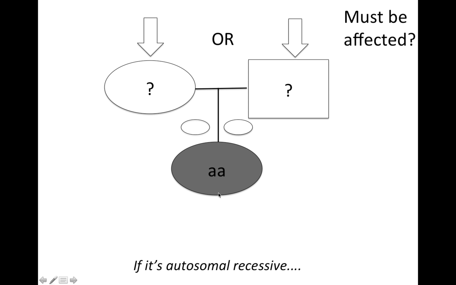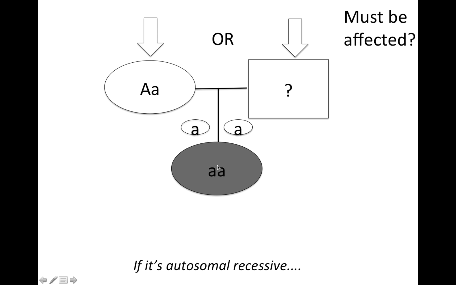So what we know about this individual, if they have an autosomal recessive trait, is that they must be little a, little a. And what that means is that this individual inherited a little a allele in the egg, and so their parent must have at least one little a allele and something else. So it either could be big A, little a, or it could be little a, little a.